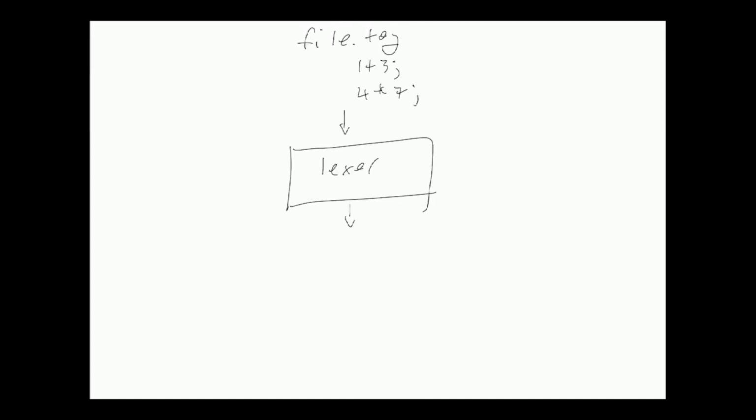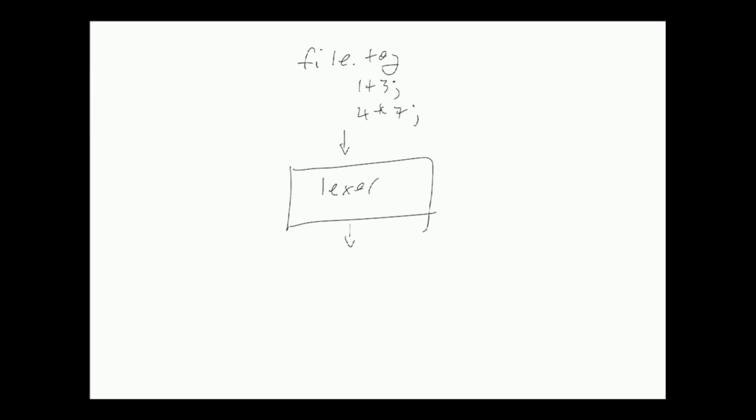So let me actually diagram this to give you a little roadmap to what our toy compiler will look like. We'll have some input that has the sequence of ASCII characters. This will go into our Lexer, which will produce a sequence of tokens.